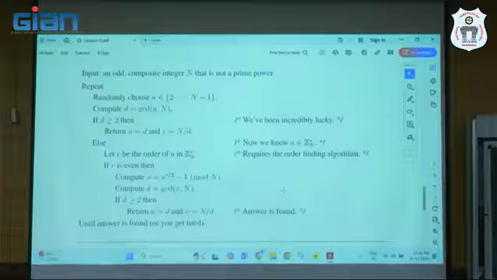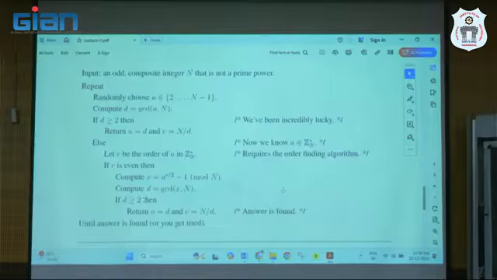Now if R is even, then what you do? Compute X, which is A to the R over 2 minus 1 mod N. This A to the power R over 2 you can compute even if R is large, remember our recursive algorithm. Correct?